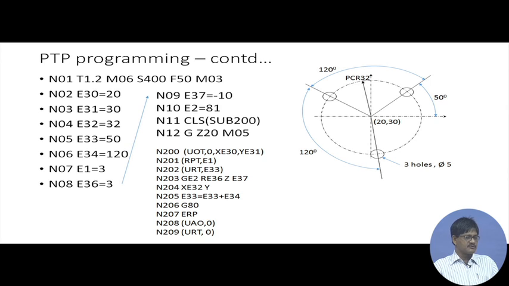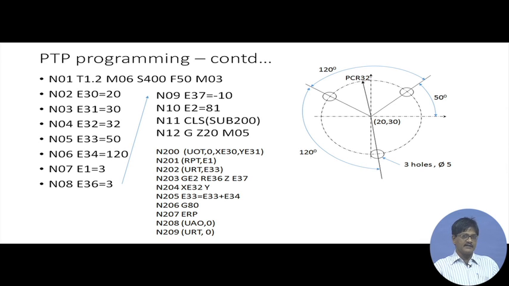It comes back to the program at G00 Z20 M05. G00 means fast move up to the level 20 millimeters above the job, so that the drill comes up to a safe position, and M05 is spindle off.